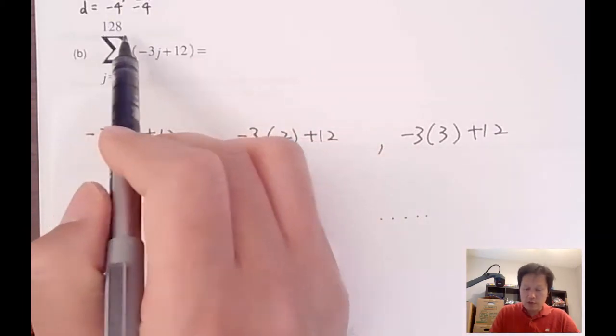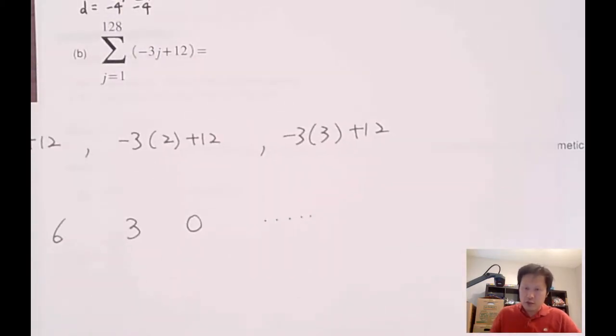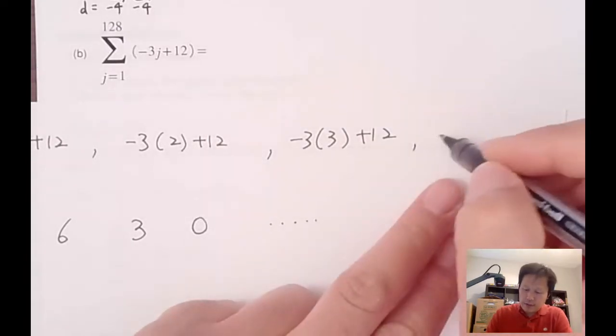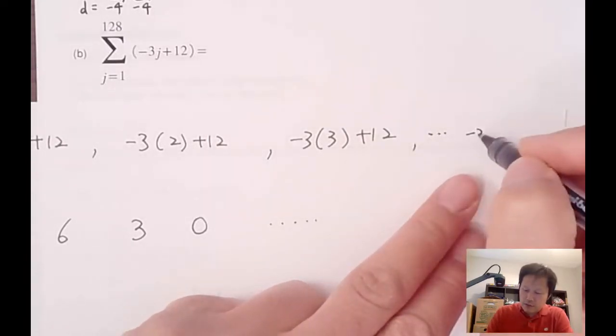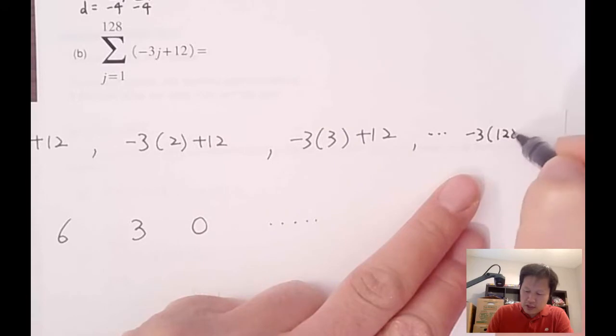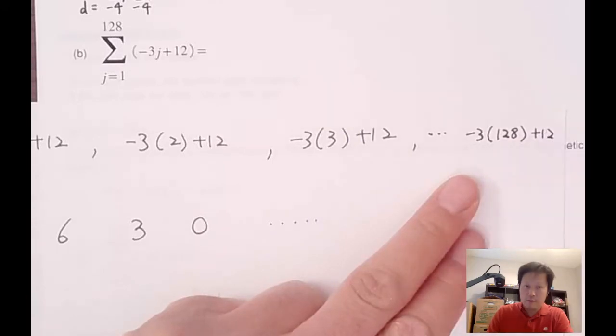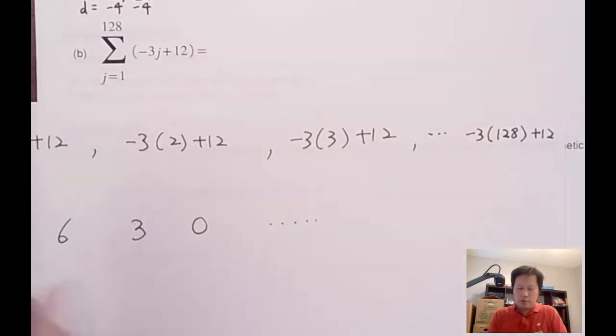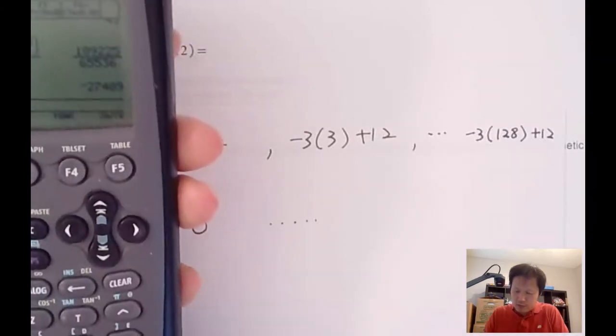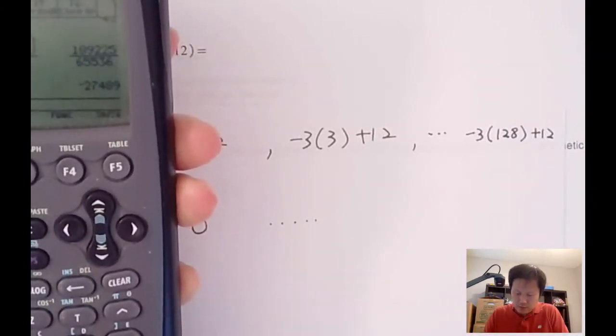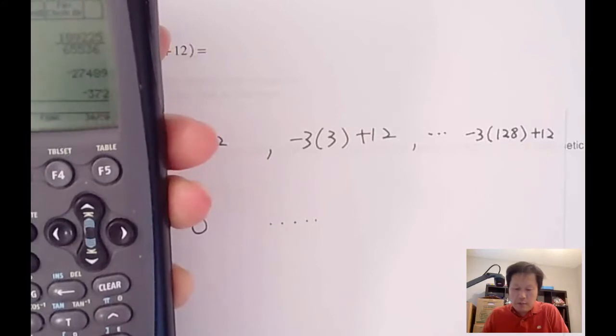So you can do minus 3 times 128 plus 12. That I'm going to use a calculator for. Minus 3 times 128 plus 12. I got minus 372.